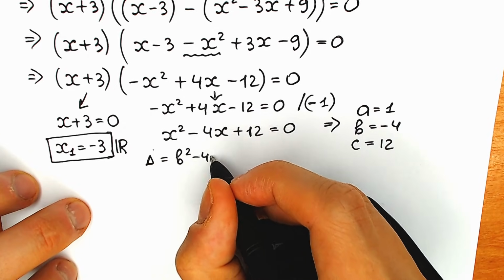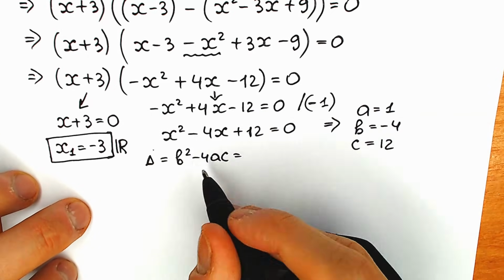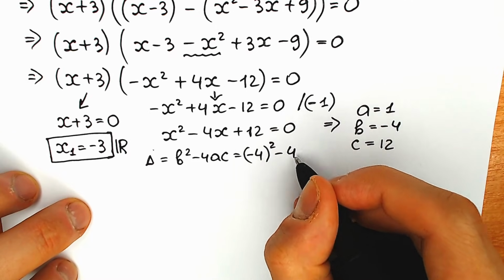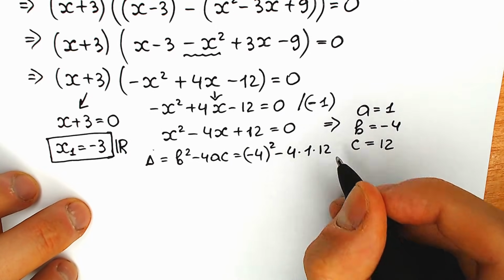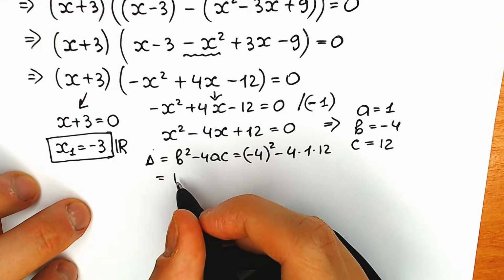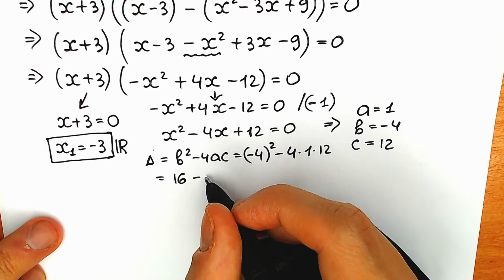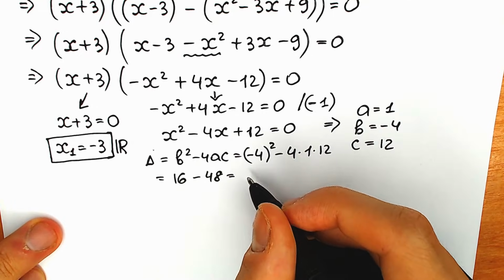Let's plug in each of these elements into this spot. So minus 4 squared, minus 4 times a times 1 times c times 12, yeah? So equal to 16 minus 48. And right here we have minus 32.